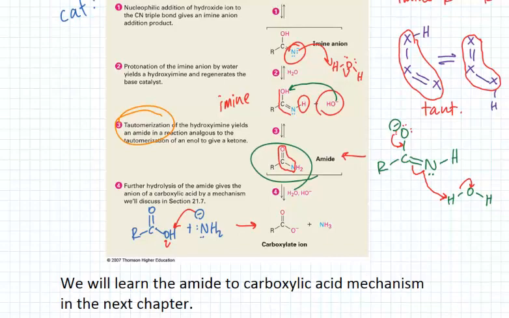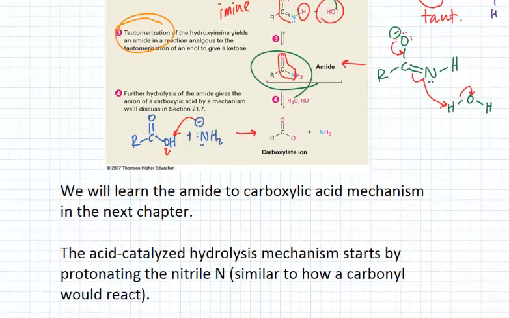In the meantime, though, the acid catalyzed hydrolysis mechanism is pretty similar to this, except when we're doing an acid catalyzed mechanism, usually protonation is the first thing that happens. We saw that with carbonyl compounds. If it's acid catalyzed, the carbonyl will get protonated first. Well, in an acid catalyzed mechanism, the nitrile will get protonated first.